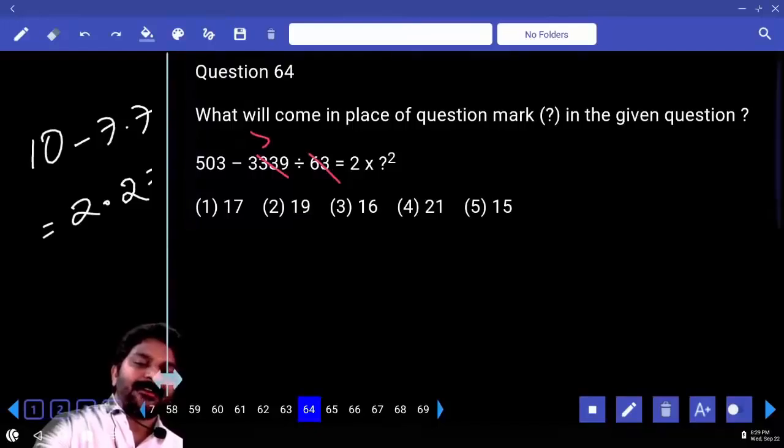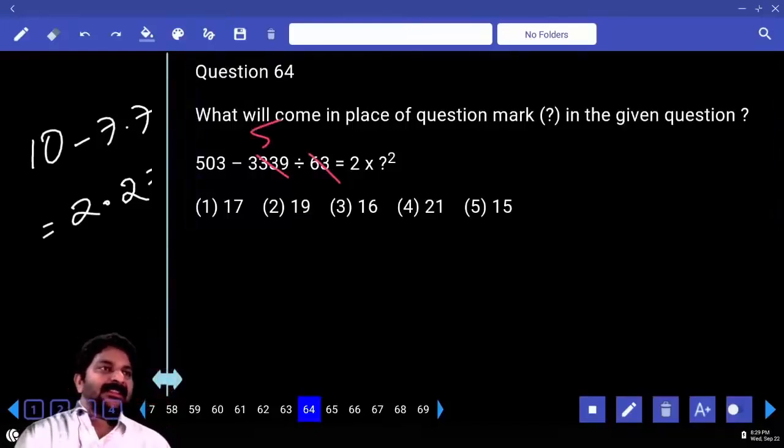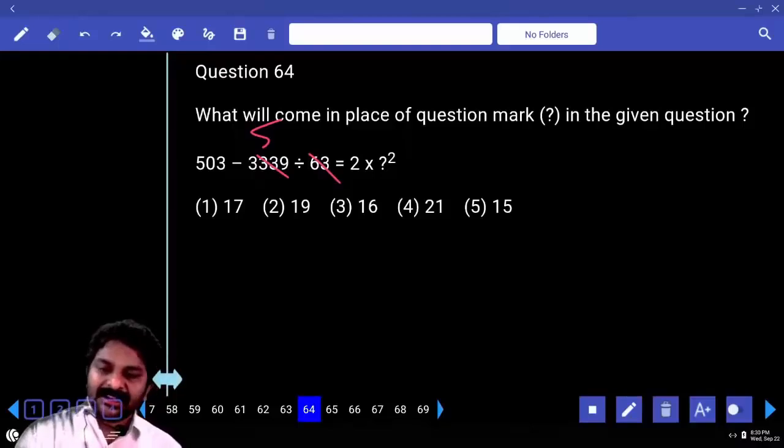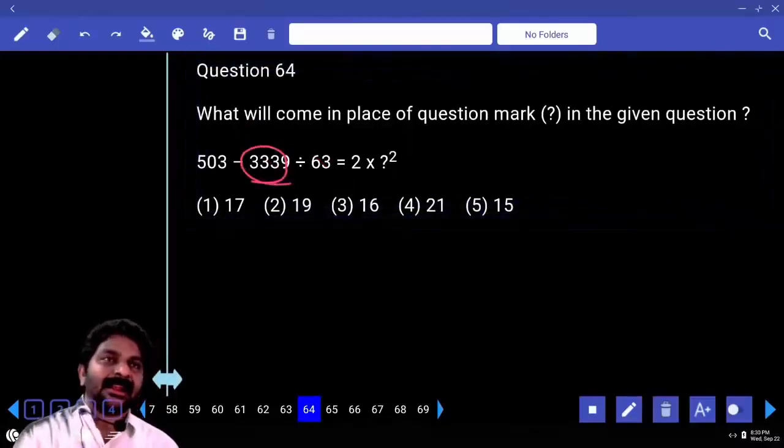63, 5 times. 65 times? 65 times. 5 into 3, 15. So total 315. From 333, if 315 is subtracted, how much is that?